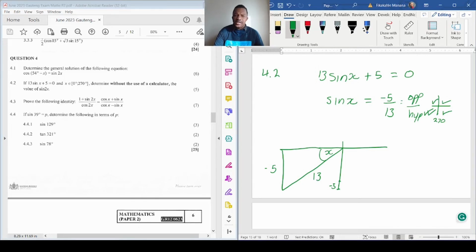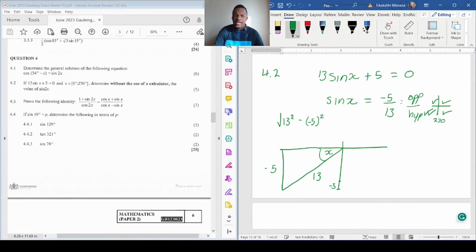Now, to get the value of the adjacent side, we have to complete Pythagoras. And to do that, it's just going to be the square root of 13 squared because it's the hypotenuse, and we subtract the 5 squared. Let me put it as negative.